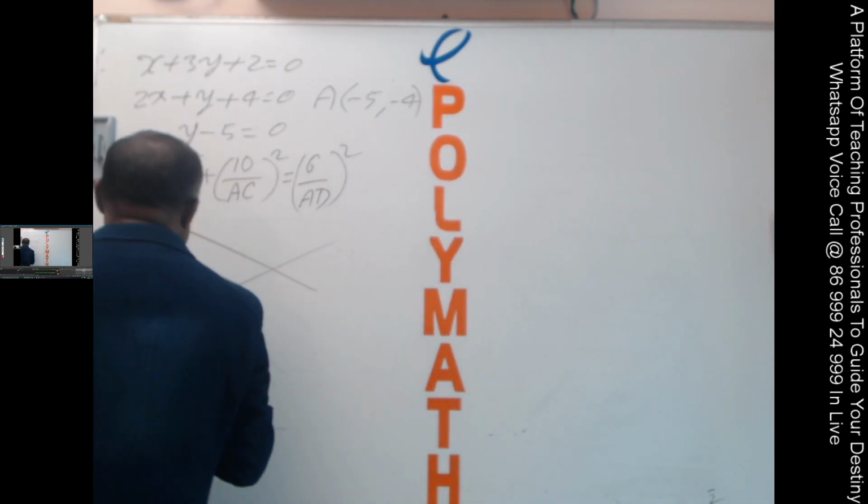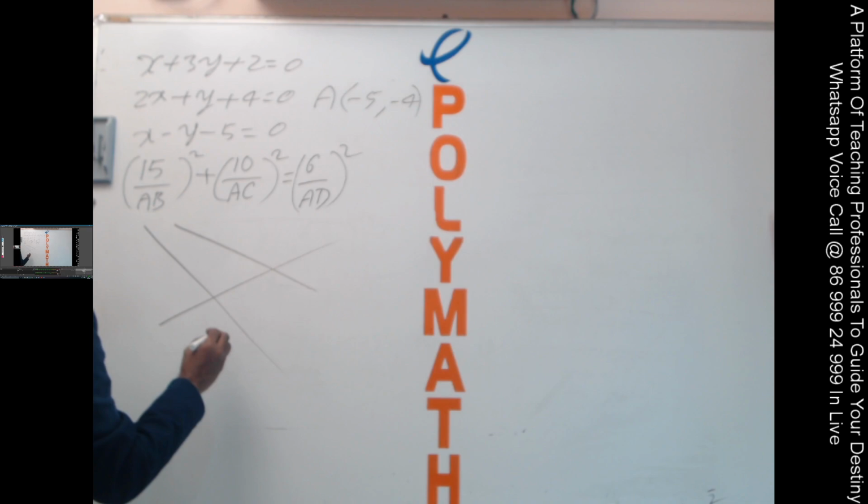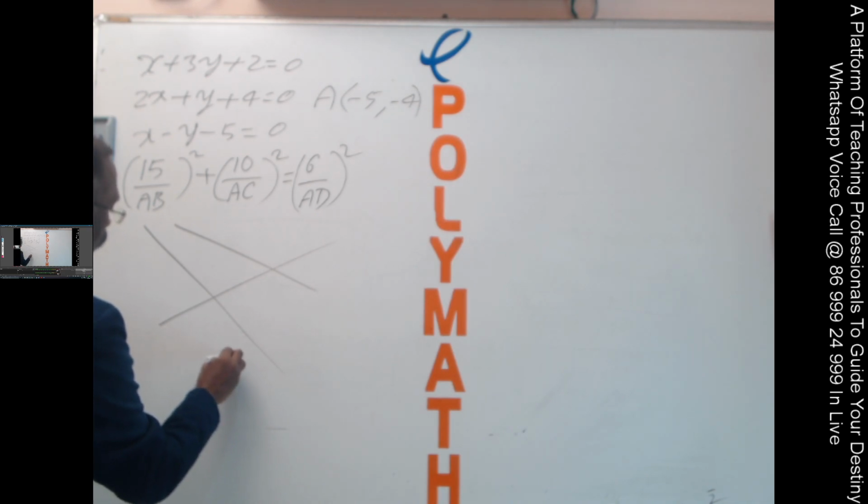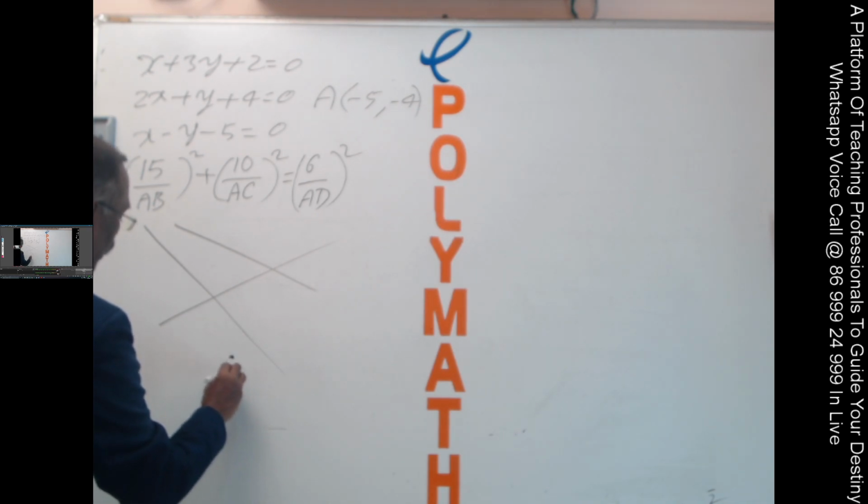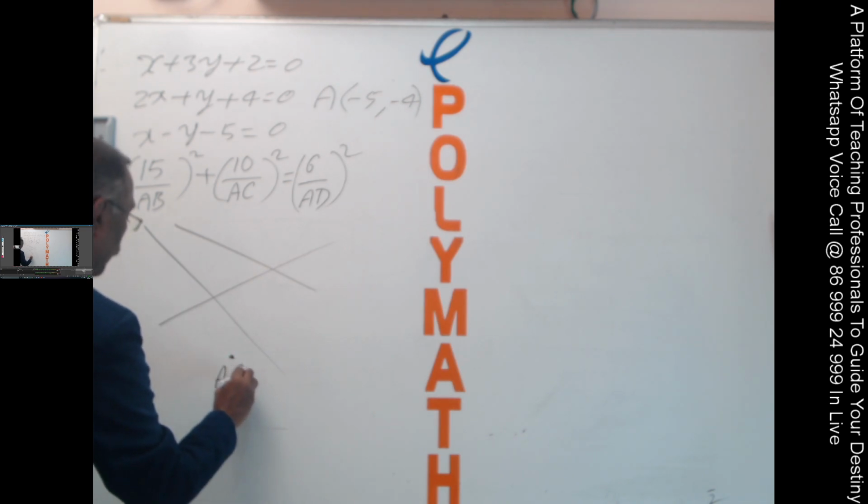Now, there is a point here which is A (minus 5, minus 4).